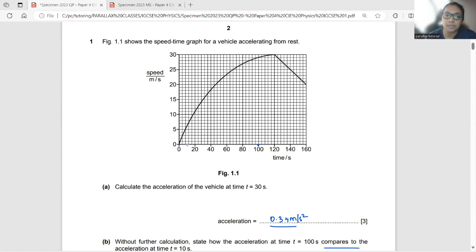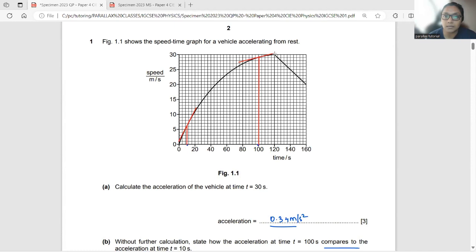Now it's asked us to compare the accelerations at t is equal to 10. So again, draw a small tangent to see how this is. So, okay, this is how the tangent looks like. You can make it better by just making it a bit more at the same point. This looks better, isn't it? So it's kind of a steep curve over here. And you're asked to compare it with the same value at 100 seconds.